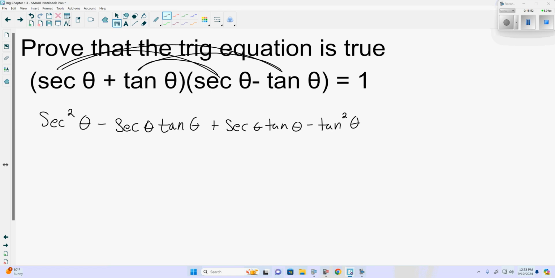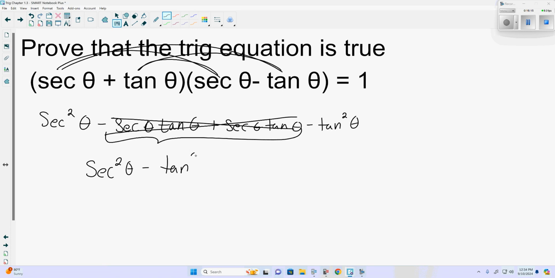Now, at this point, we do have like terms: negative secant tangent and positive secant tangent. What does that give us? 0. They cancel each other out. So those two are gone, and what we're left with is secant squared of theta minus tangent squared of theta.